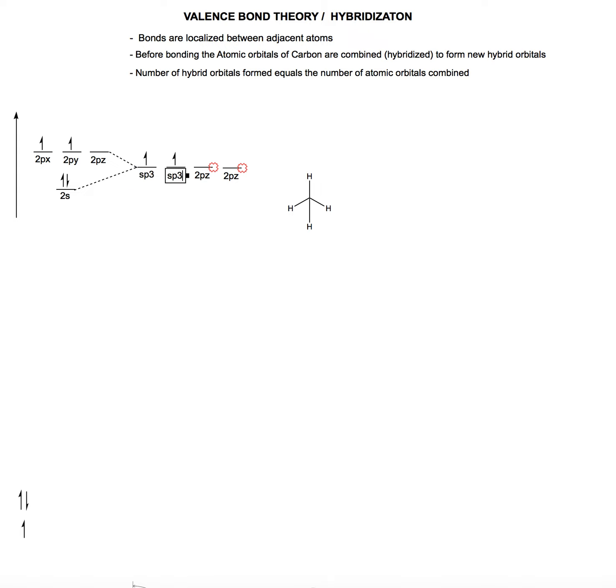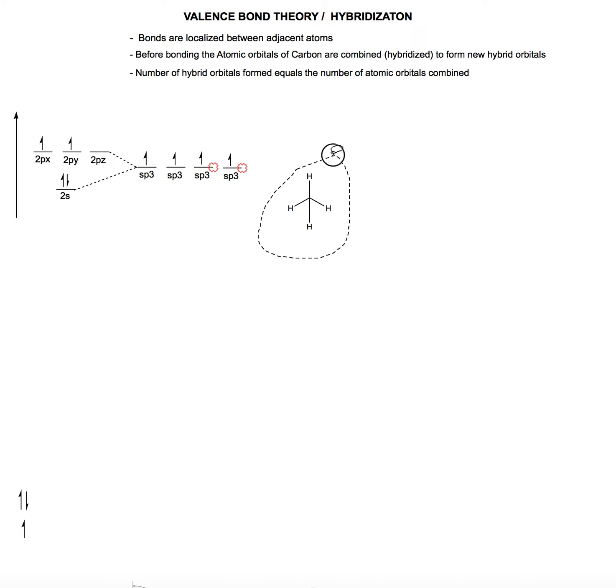Combining once again 1s orbital and 3p orbitals leads to 4 hybrid orbitals, and these new hybrid orbitals are called sp3, resulting from the combination of 1s and 3p. Now the total number of electrons here for carbon is 4, so we fill up these hybrid orbitals with 1 electron in each case, and that leads to 4 sp3 hybrid orbitals, each one having 1 electron. Therefore, as you can imagine, carbon is expected to form 4 bonds. A carbon with 4 single bonds is a carbon that is sp3 hybridized.